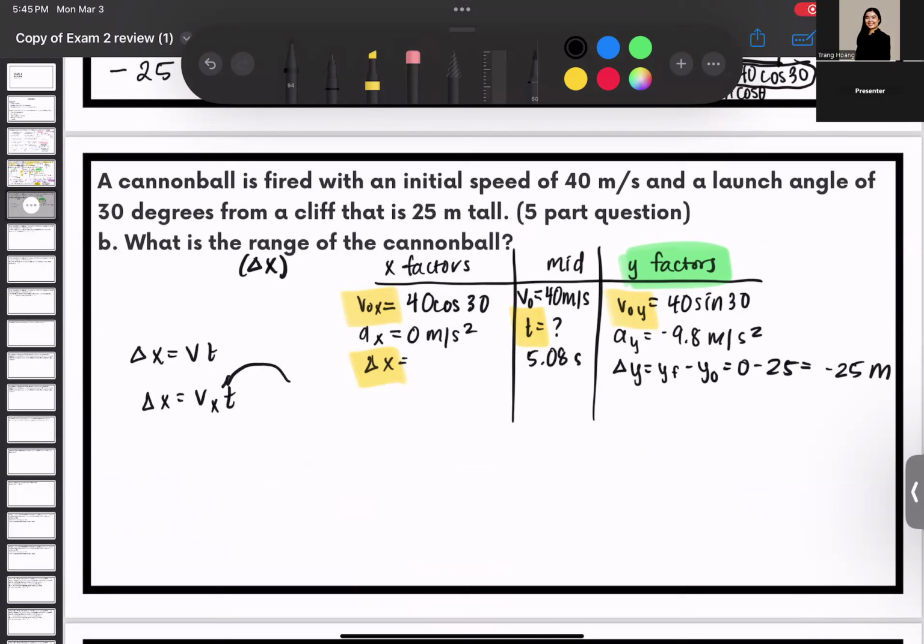We said that Vox is equal to V final x, because velocity in the horizontal component is always the same, whether you're at the beginning or the end. With that in mind, I can use this value for Vx. So I do 40 cosine 30 times the time that we solved for, 5.08 seconds.